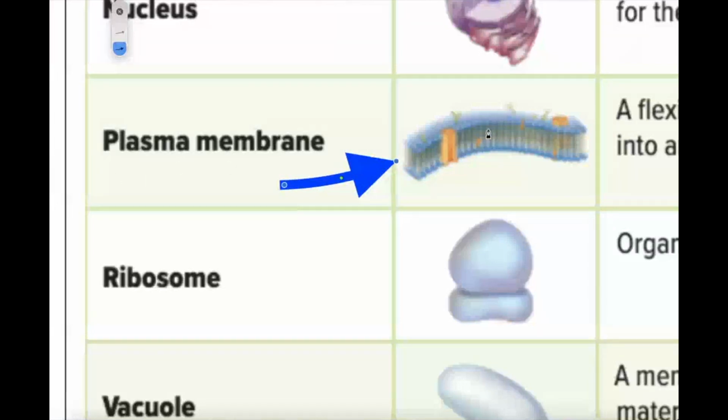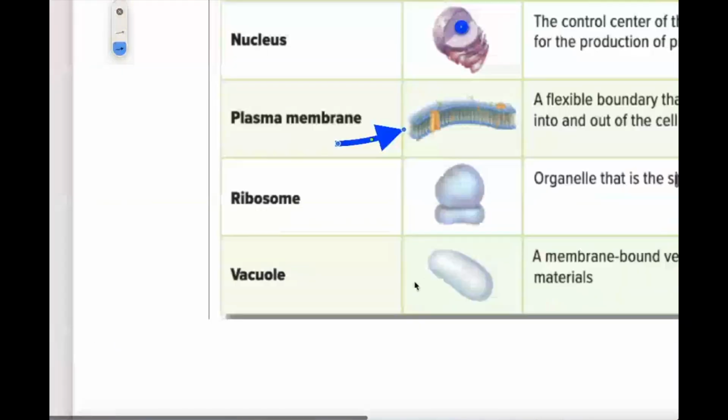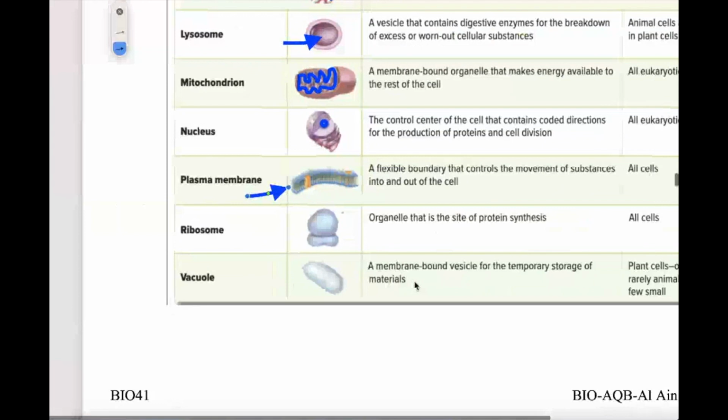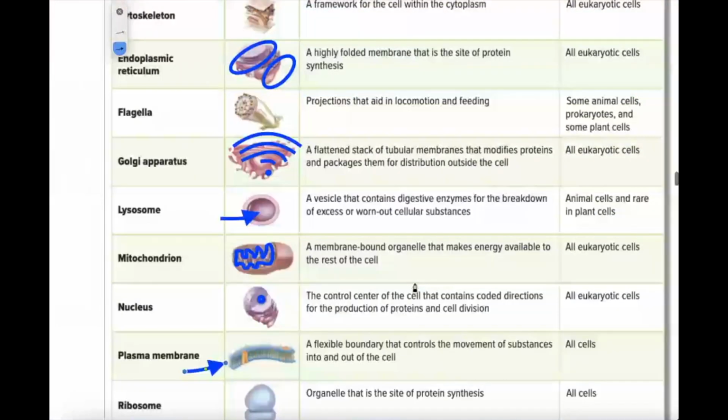This is the cell membrane. Ribosomes look like this. They are made up of two units, one bigger and one smaller. Vacuole is like this. It's a large central vacuole in the case of plants. Okay, so this is how the diagrams look.